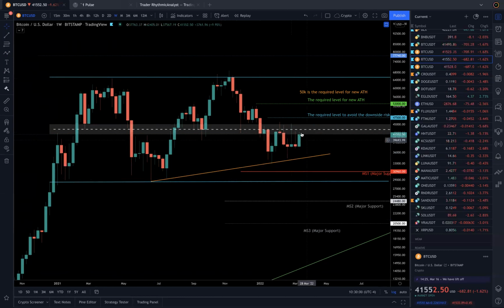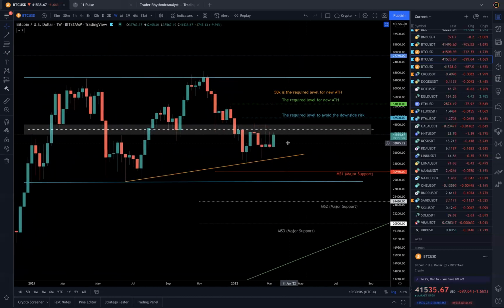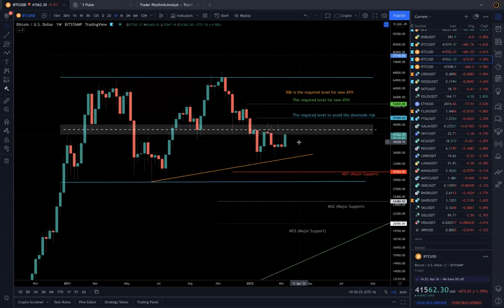Right now it is right in the middle. So there is no need to assume extreme levels, either upside or downside. It is okay to be neutral. It's okay to say I'm neutral. It's not being indecisive, because you're following the TA here.